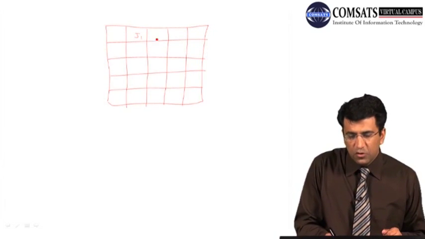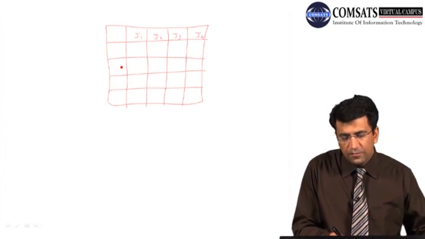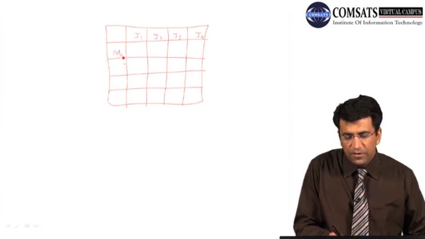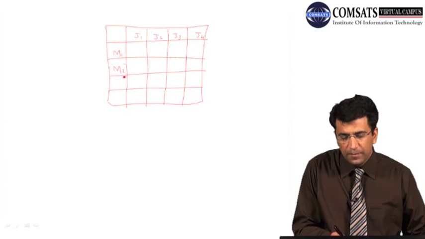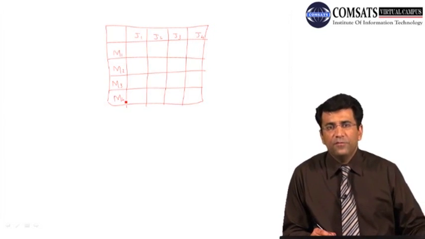So students, let me write another similar problem here in the form of this matrix. Suppose again there are 4 jobs, that is J1, J2, J3, J4, and again there are 4 machines, that is M1, M2, M3 and M4.